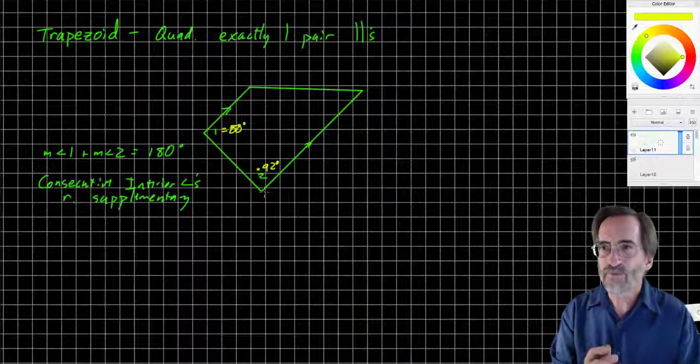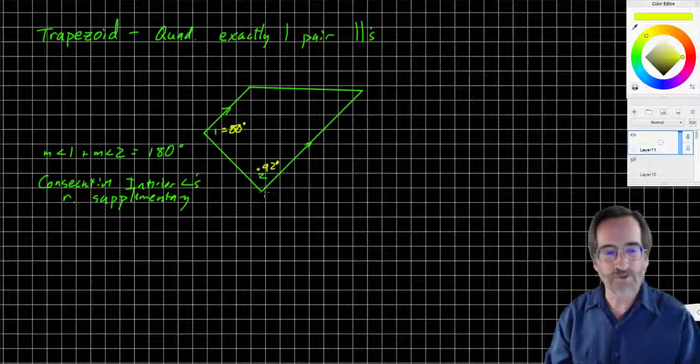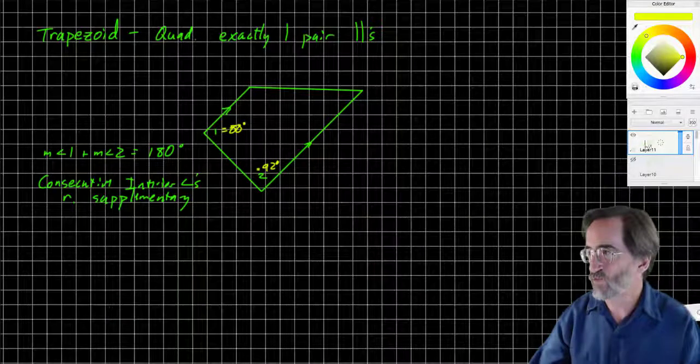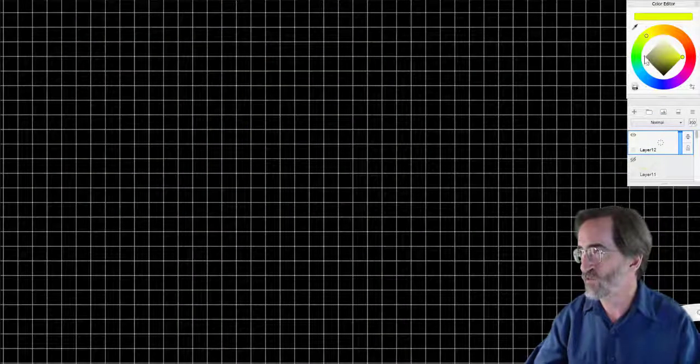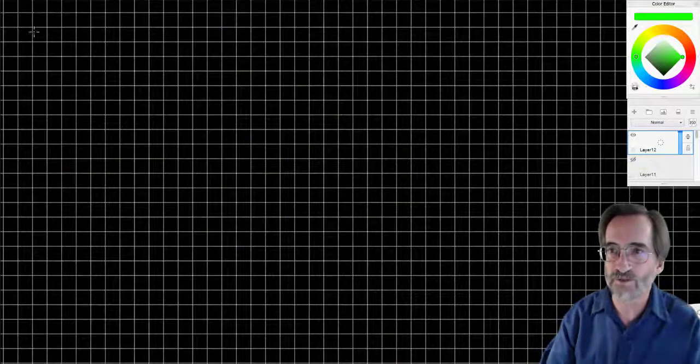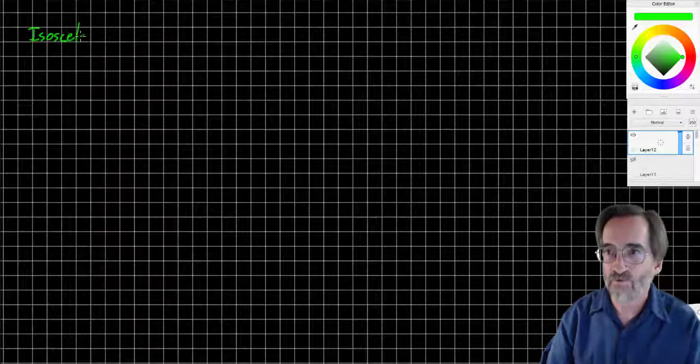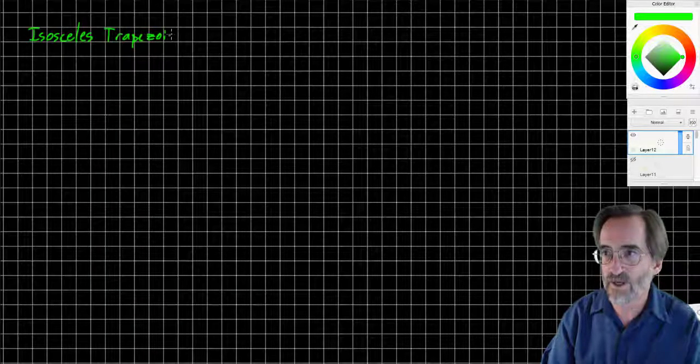All right. There's a special kind of trapezoid that we're going to deal with as well, and that's an isosceles trapezoid. You've dealt with isosceles triangles. Now we have isosceles trapezoids. So let's define that. First of all, it's a trapezoid, so it has exactly one pair of parallel sides.